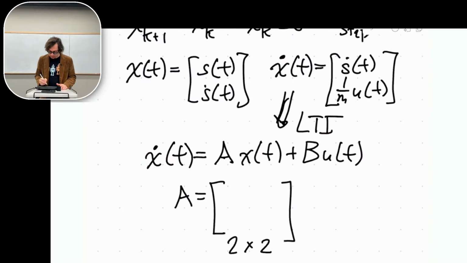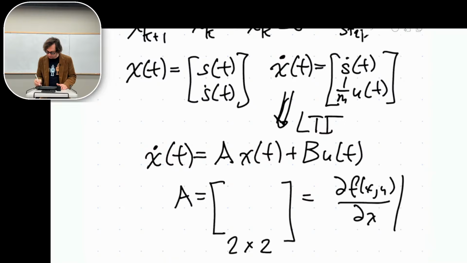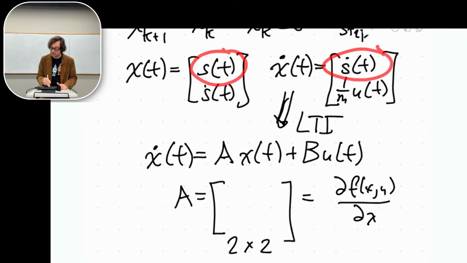Okay. If we practice our Jacobian skills, recall this is all equal to the partial derivative of our dynamics, f of x, u, with respect to x. So the derivative of our first set of dynamics with respect to our first state, there ain't no s's in our s dot of t, is 0.